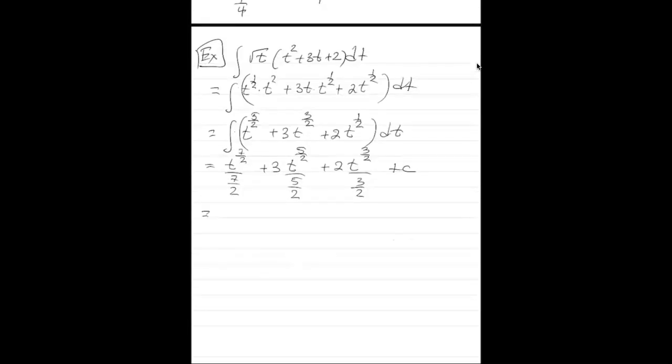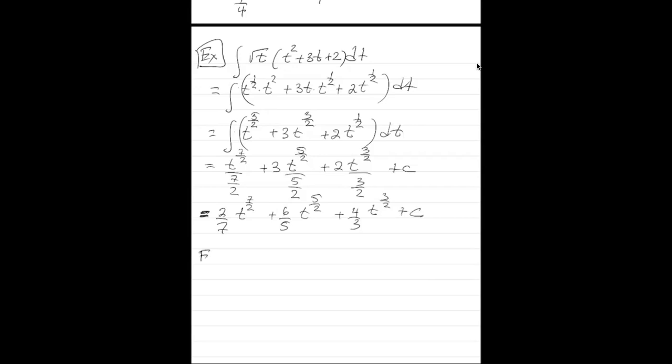So simplified, this is going to be 2/7 t to the power 7/2, plus, if I multiply by 2 here, that's going to be 6/5 t to the 5/2, plus, if I multiply by 2, that would be 4/3 t to the 3/2, and plus c.